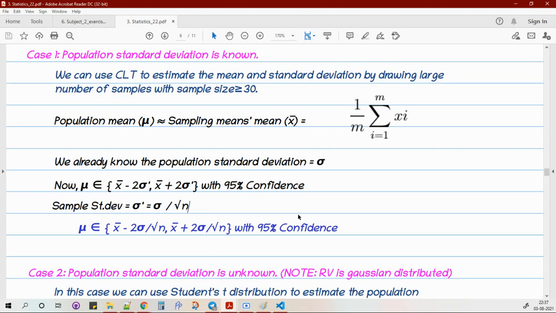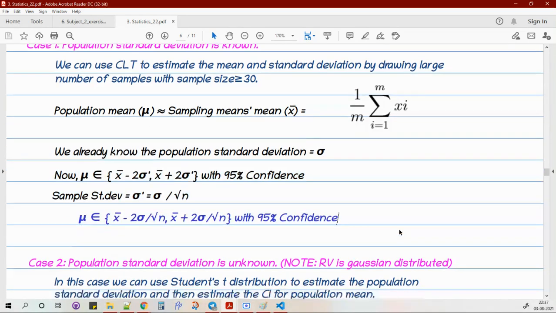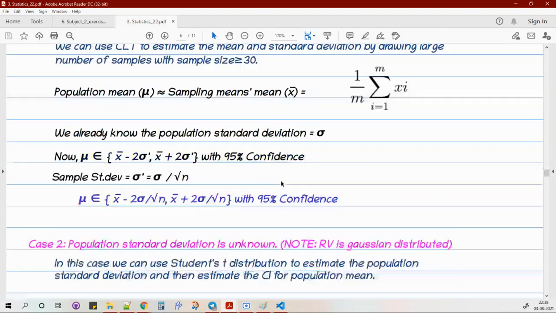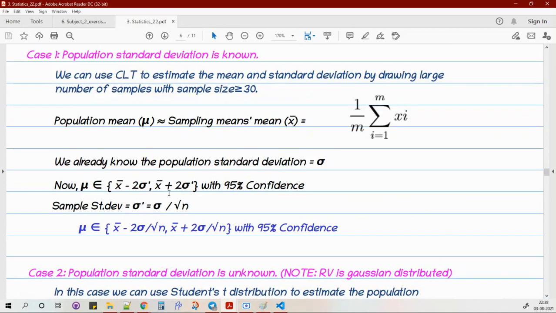But I'm still not able to understand, because as per my logic, even I was discussing with this Vinit, sigma should be equal to sigma dash into root n, but why are we dividing it here? I don't know what's the logic behind it. I checked out some websites, but everywhere they have taken this kind of thing. Does anyone know the answer? Why are we taking this sigma dash equal to sigma divided by root n?